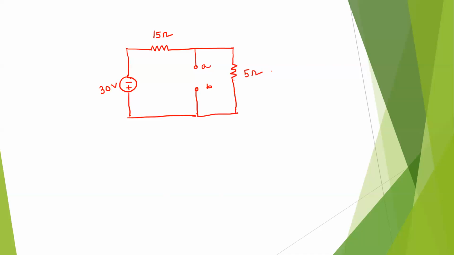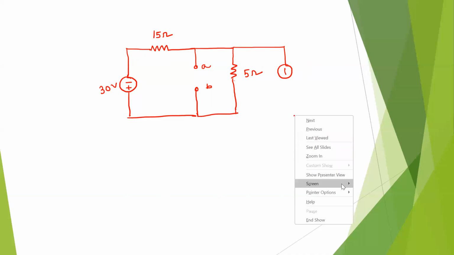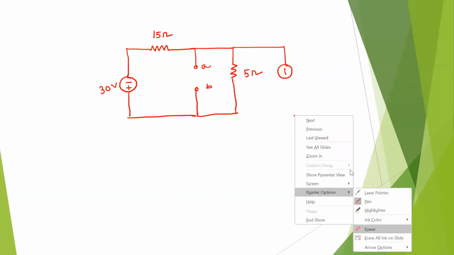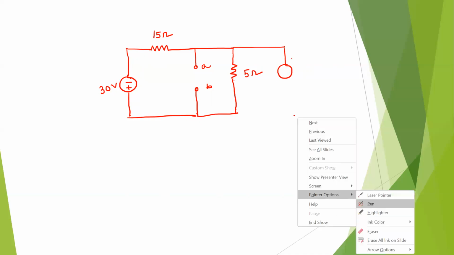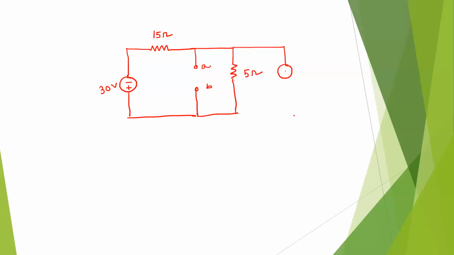Five ohm is in parallel with 1.6 ampere.